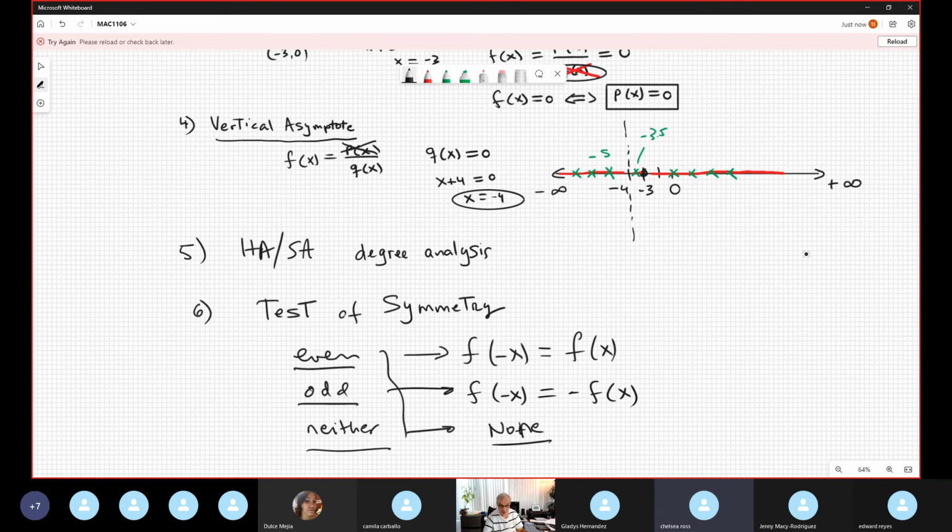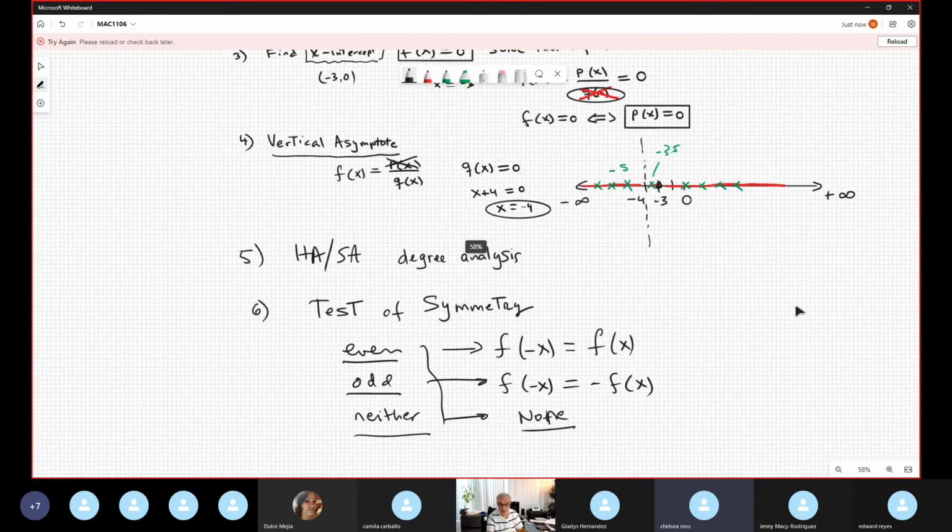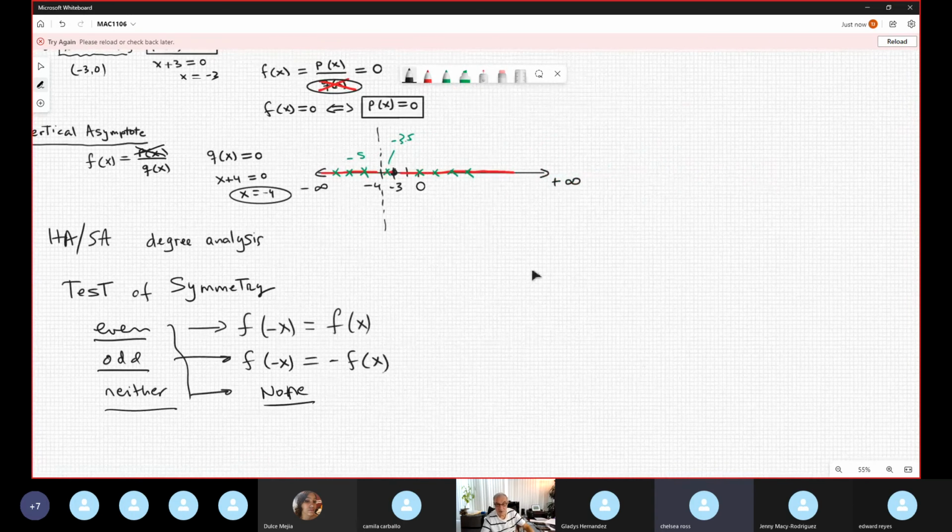So what is the useful application? Look, suppose that the function is even. If the function is even, you don't need to analyze the positive part and the negative part. Why not? Suppose I pick 2 in the positive part and you obtain 4, because in negative 2, you also obtain 4, because it's the same value.